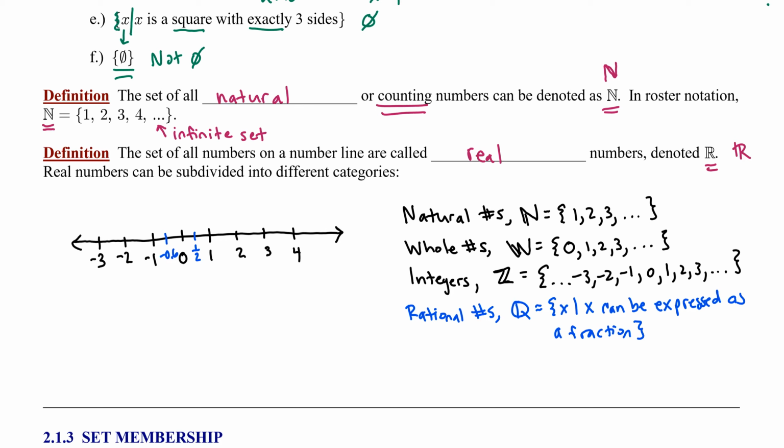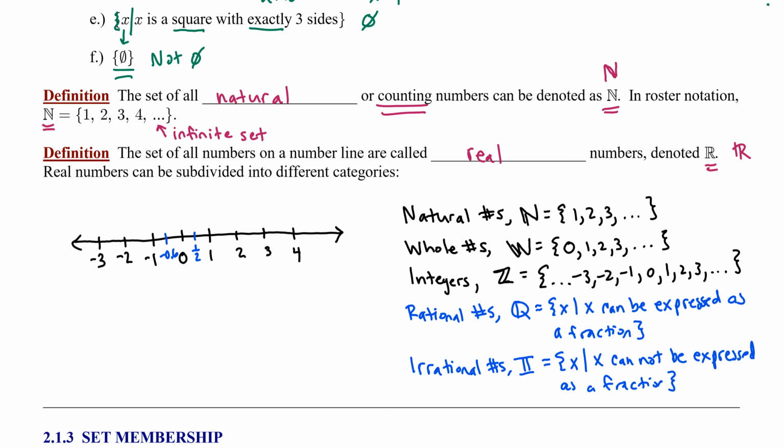The very last type of numbers that we can locate on the real number line are irrational numbers. The symbol for irrational numbers is an I with a double bar. This is the set of all x such that x cannot be expressed as a fraction.